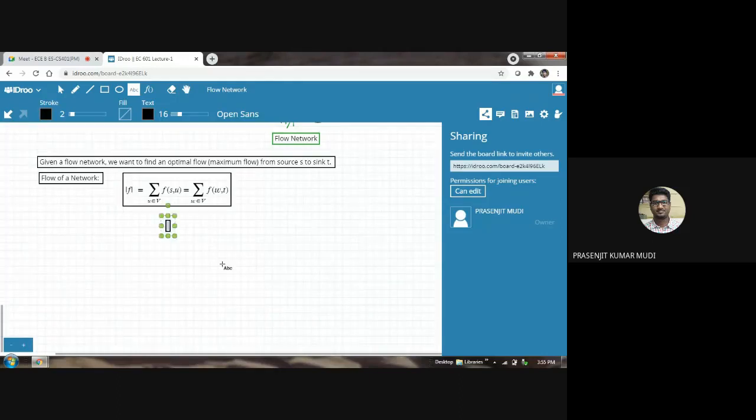Okay. Now residual network. It contains the same vertices of G equal to V comma E, that is the original network.